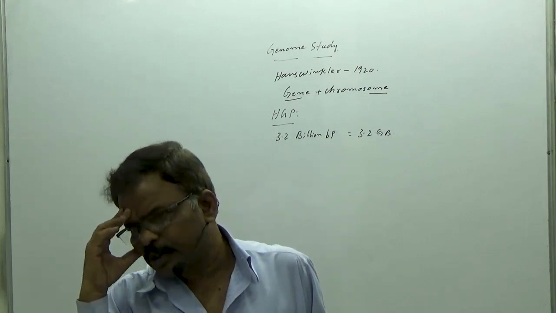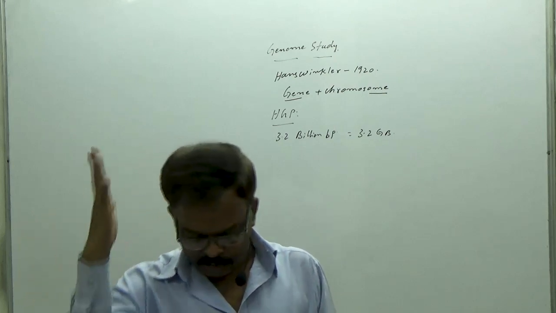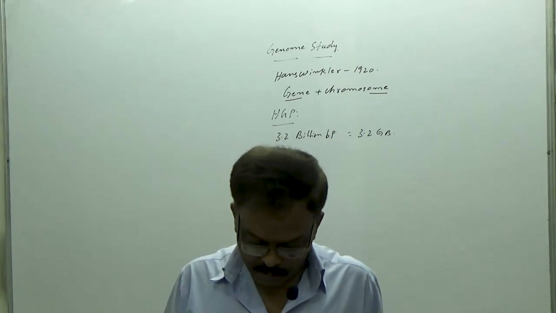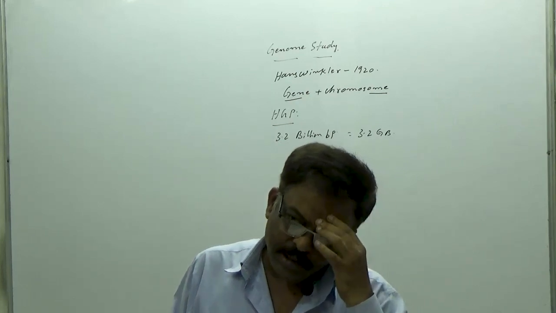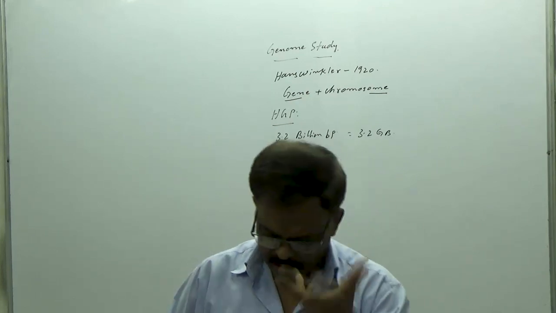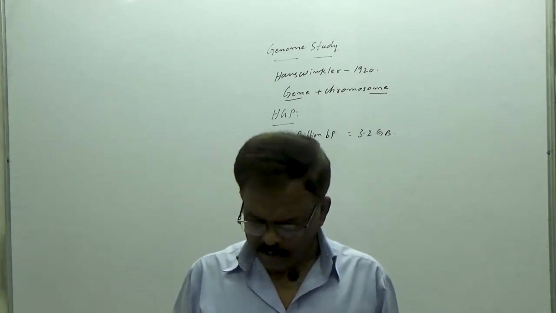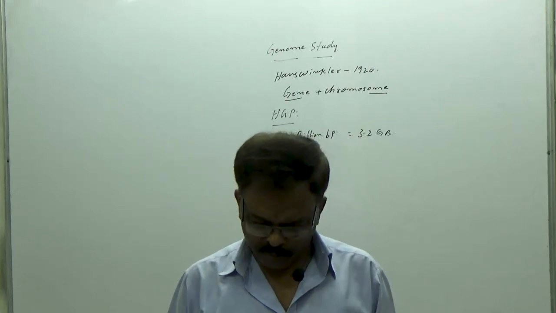But comparing animal and man, maximum 5% variation is there. Apes are 99.9% similar, pigs 98% similar to humans. If you consider animals and humans, maximum 5% is variable. This is the confirmed figure.